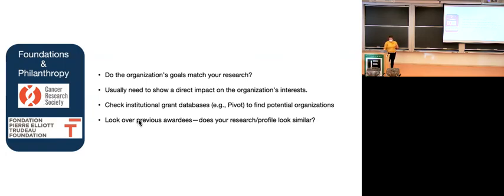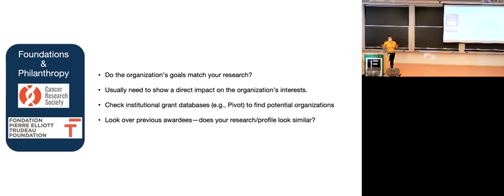You can use institutional grant databases to find these kinds of grants. The big grant organizations, CIHR and NSERC, they run yearly competitions. So does the Cancer Research Society, et cetera. They also have targeted funding streams. Use things like Pivot. If you don't know what that is, probably your institution is subscribed.